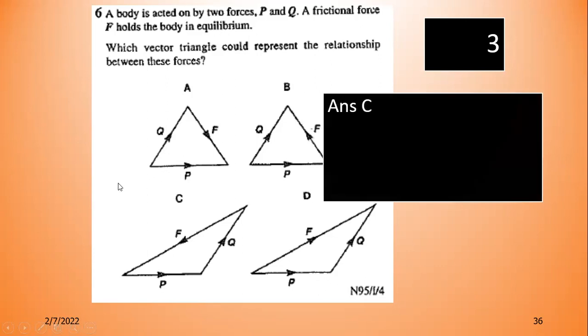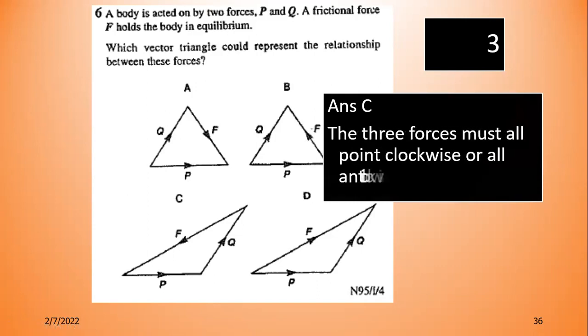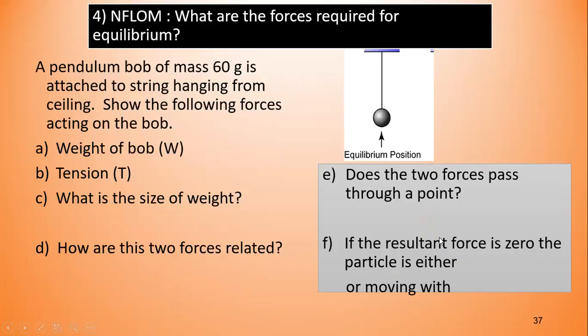The key to remember in answering this question is that the three forces must pass through a point or form a closed triangle, so the arrows must all point clockwise or all anti-clockwise. So A cannot be the answer, because that is the resultant. B cannot be the answer because that is the resultant. This one can be, because it's all anti-clockwise and forms a closed triangle. This one cannot be, because this is the resultant. The answer is C.